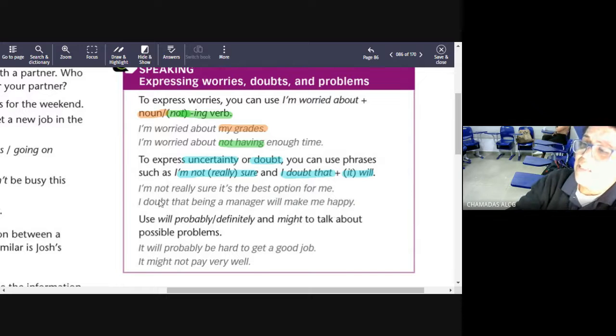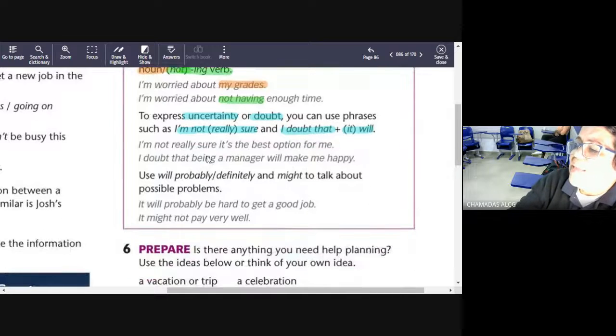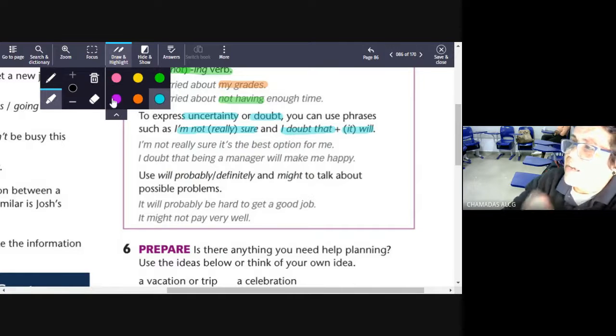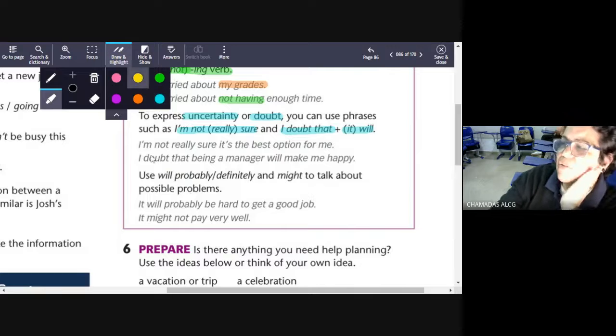So he says, I'm not really sure it's the best option. Okay. And now the third example here is using words like probably or definitely and even might to talk about possible problems. Okay, so let's highlight that and let's do it yellow.